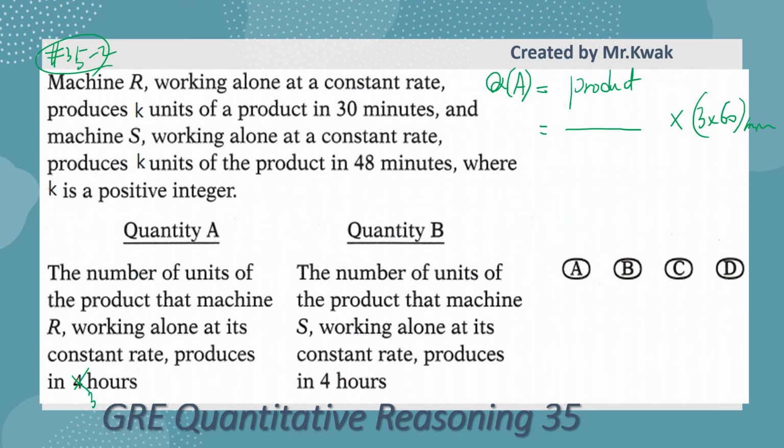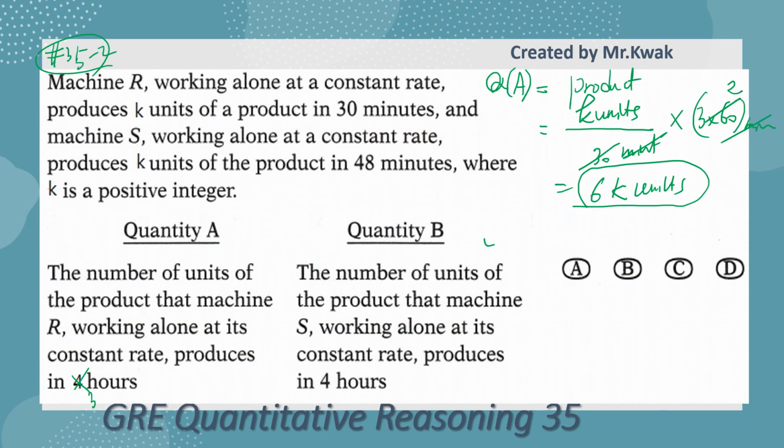The velocity of machine R was K units divided by 30 minutes. Offsetting together, 6K units is quantity A. What about quantity B?